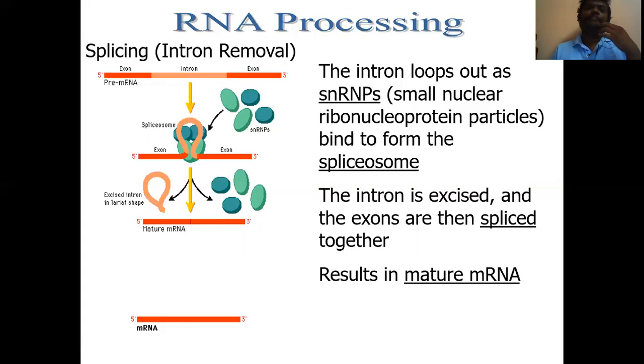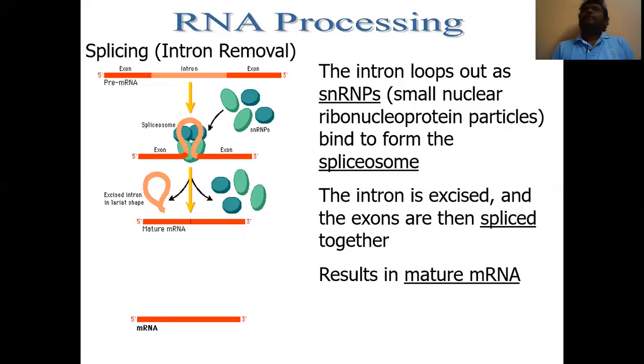But in transcription, only one strand will be used, that is the leading strand, and the RNA polymerase will add the nucleotides. You know there is a difference in the nucleotides between DNA and RNA. RNA has uracil instead of thymine, so the RNA polymerase will add those nucleotides.